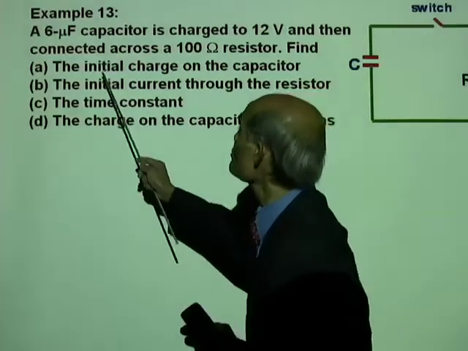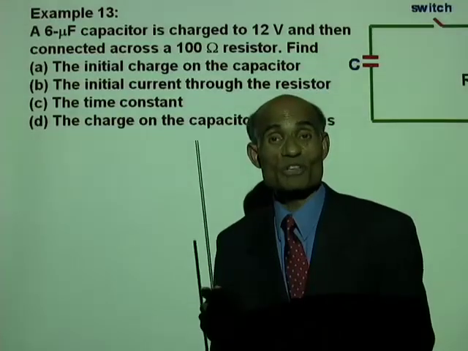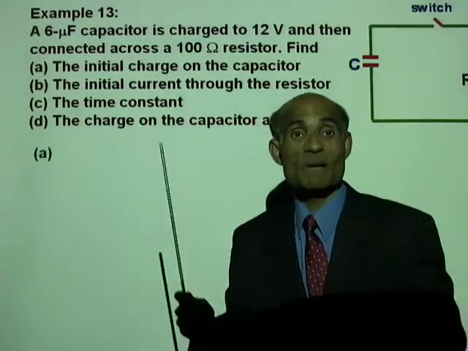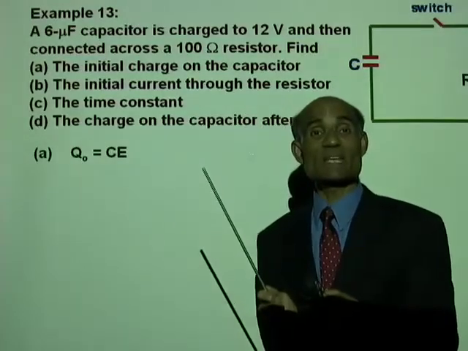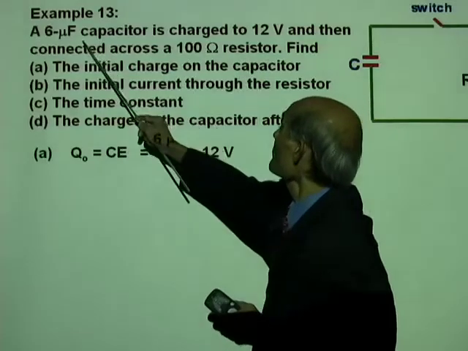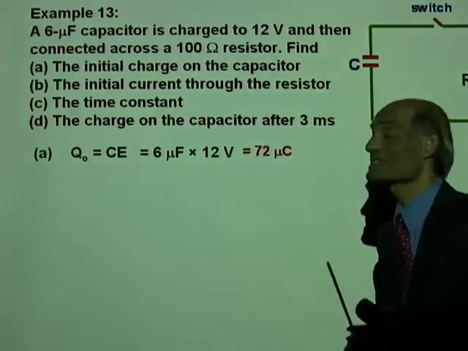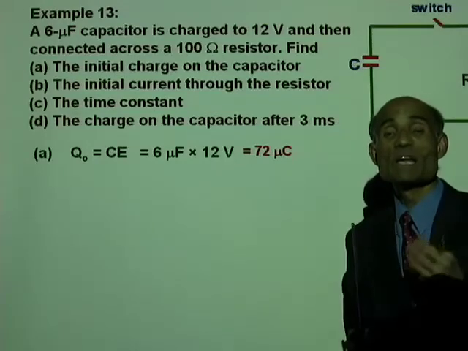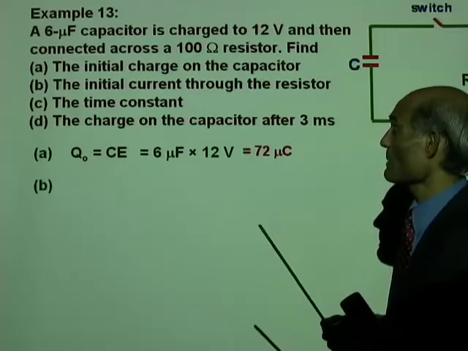What is the initial charge on the capacitor? The initial charge is the maximum amount of charge. Q0 equals CE, where C is 6 microfarad and E equals 12 volt. That is 72 microcoulomb, the maximum charge on the capacitor plates.